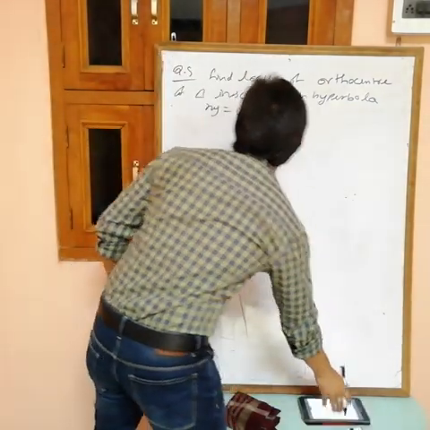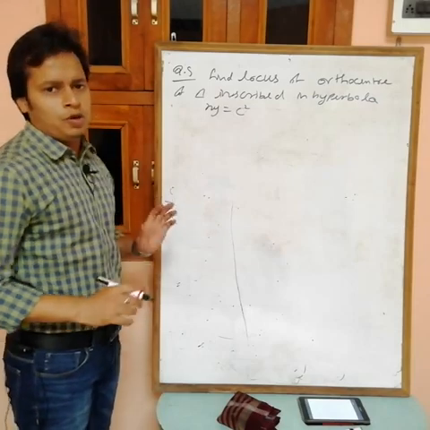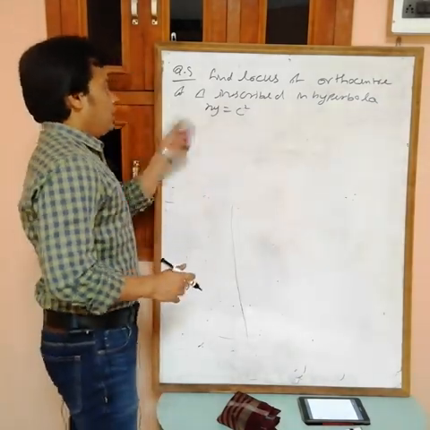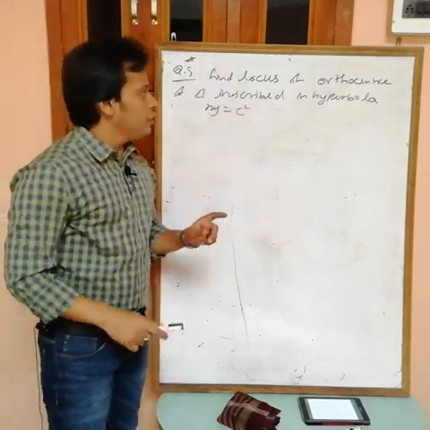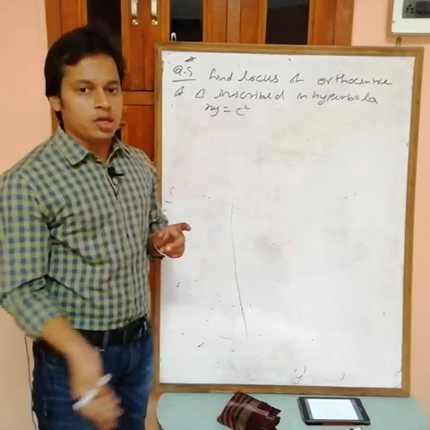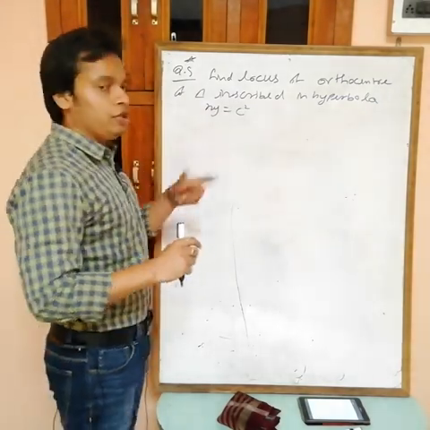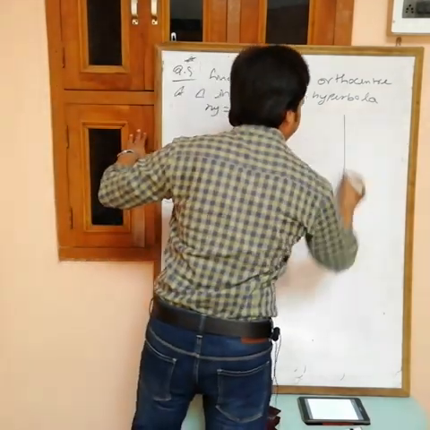Okay, now what do you want? You want the locus of the orthocenter of a triangle inscribed in the hyperbola xy equals c square. Actually, remember this one: the orthocenter of a triangle inscribed in a rectangular hyperbola always lies on that same hyperbola. It means again you will get the locus as xy equals c square.